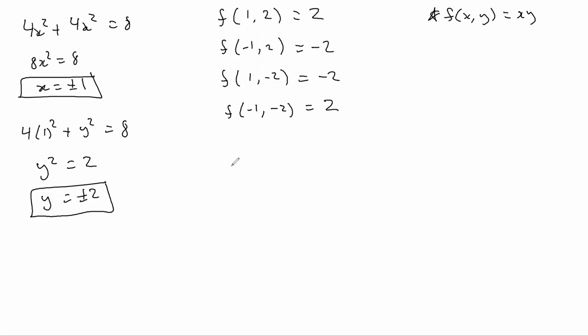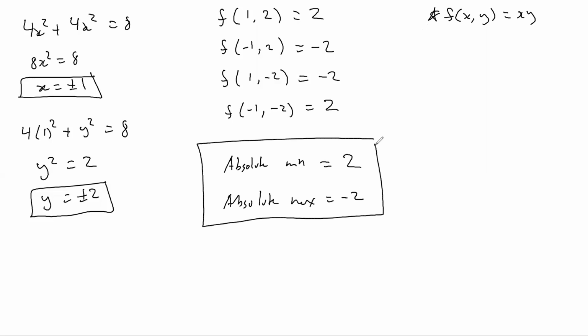All right, so we can say that our absolute minimum is going to be negative 2, while our absolute maximum is going to be 2. Well, that should be it for number 10 from the homework.